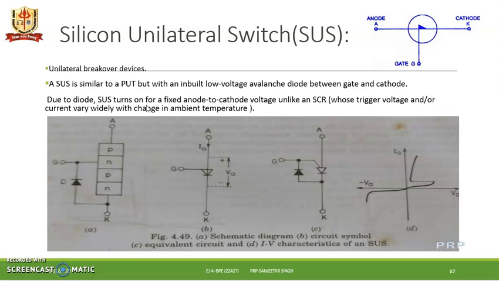So that is the advantage of this avalanche diode. This is the equivalent circuit of SUS, silicon unilateral switch, and on the right hand side we see the VI characteristics. It is almost similar to that of SCR.